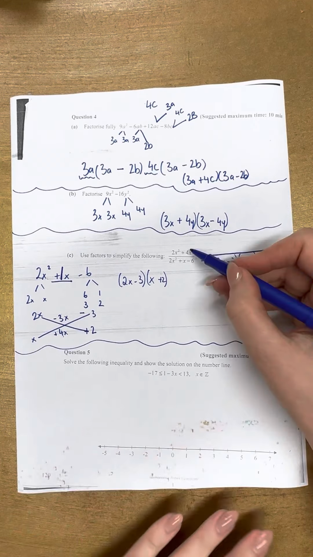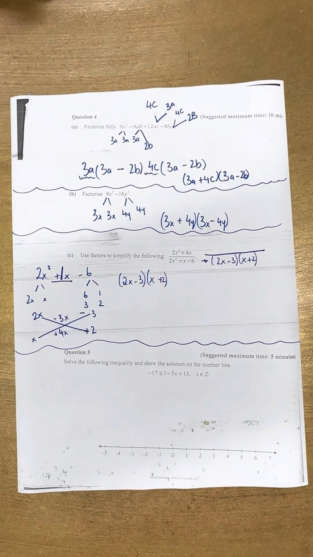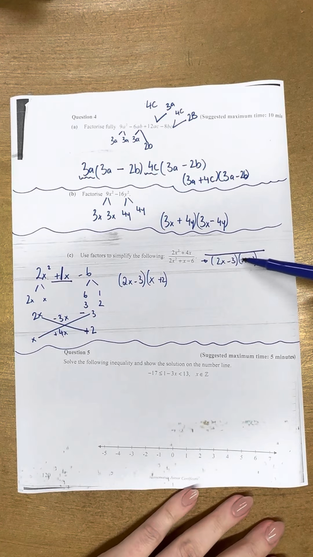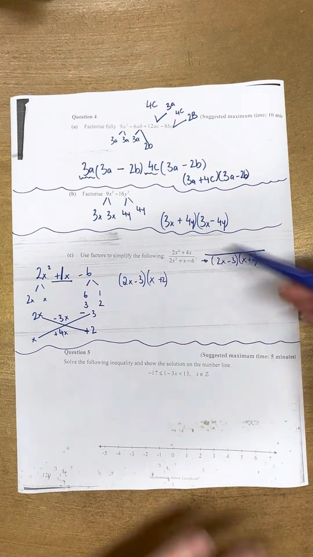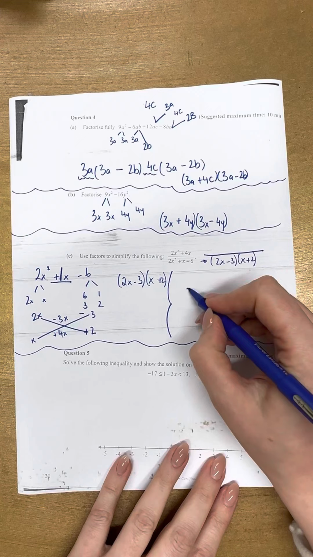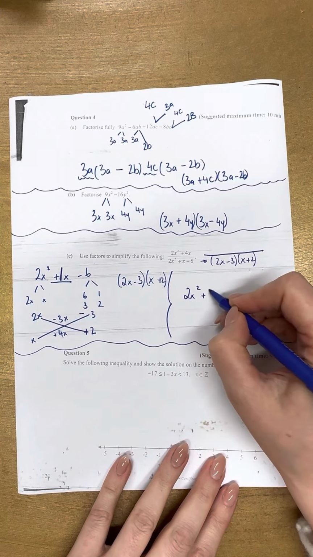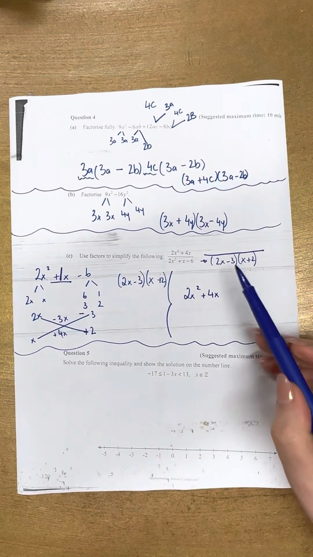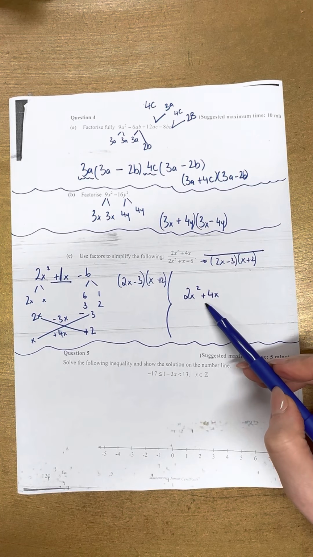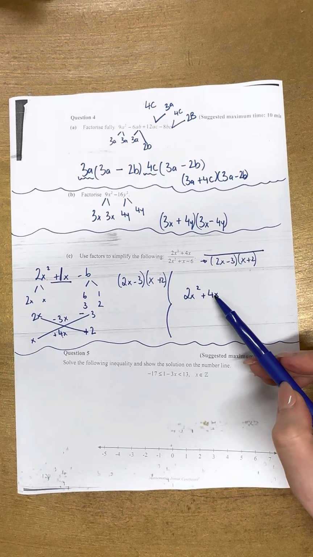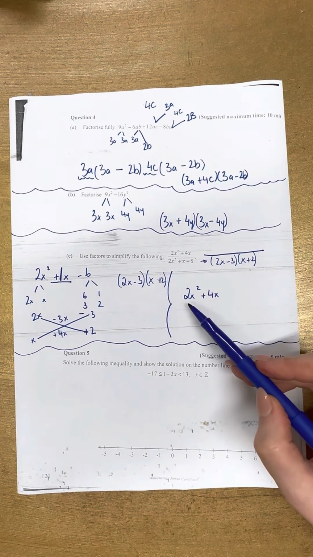Now, let's factorize the top portion. Why did I leave the top portion until last? Well, I know one of them goes into that factor. So if I look at the 2x squared plus 4x, one of them will divide in here to give me the other, or factorize. I know it's not going to be the 3 because 3 doesn't go into 2 or 4.